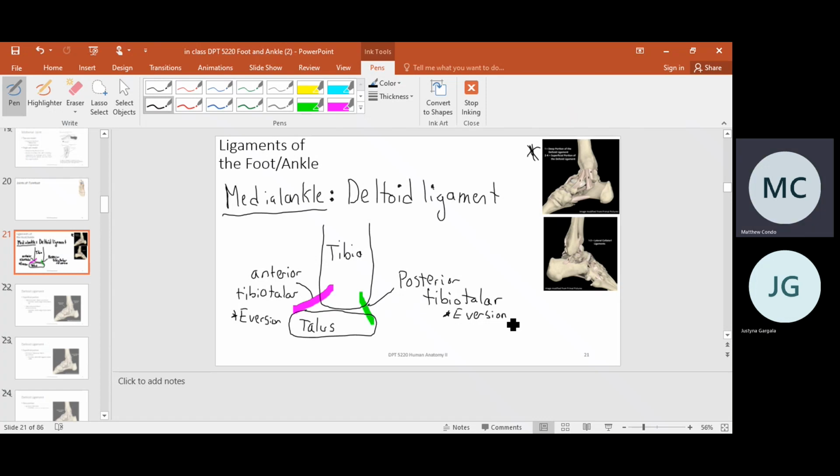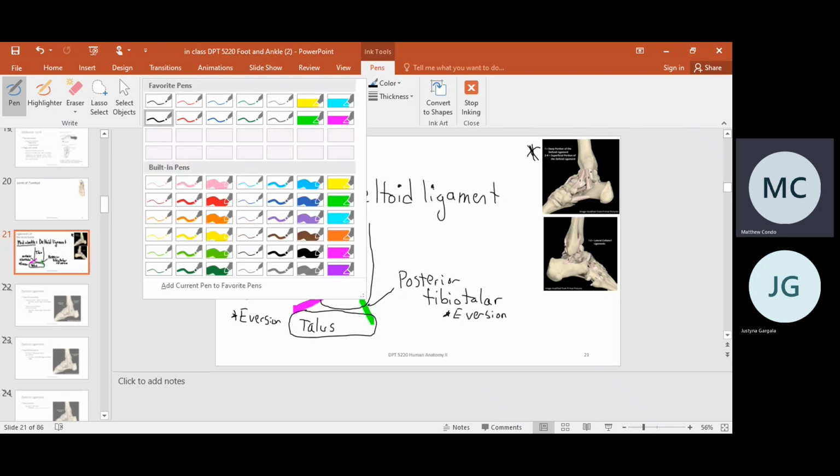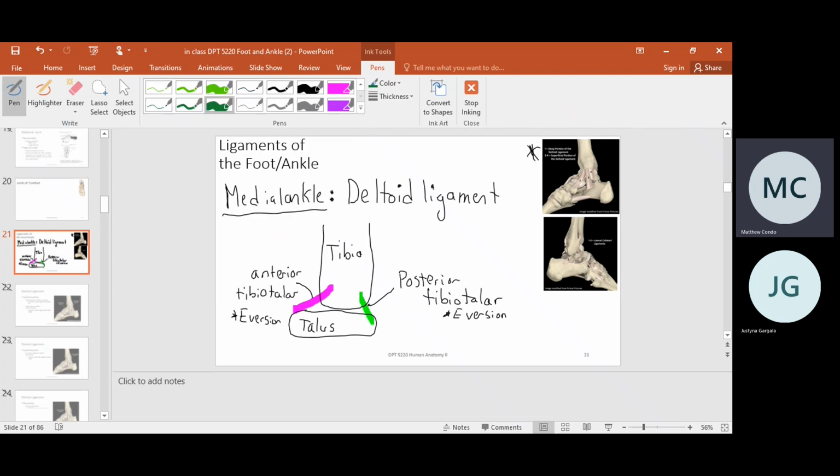The other 2 ligaments I'm going to encounter here are going to be something called the tibio-navicular and the tibio-calcaneal, or calcaneal, depending how you pronounce it. Remember, I pronounce things weird. I don't say malleolus, I say malleolus, so forgive me.